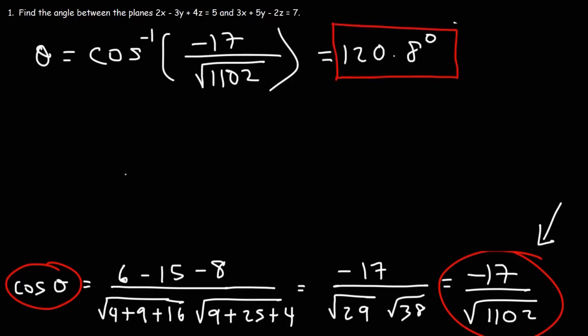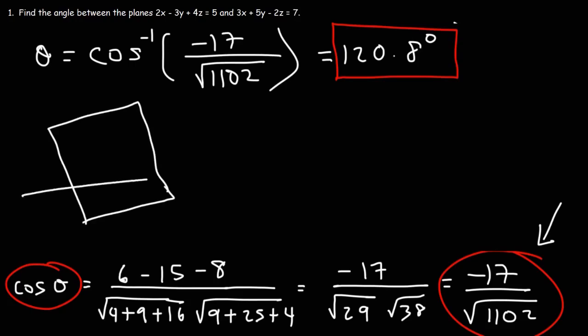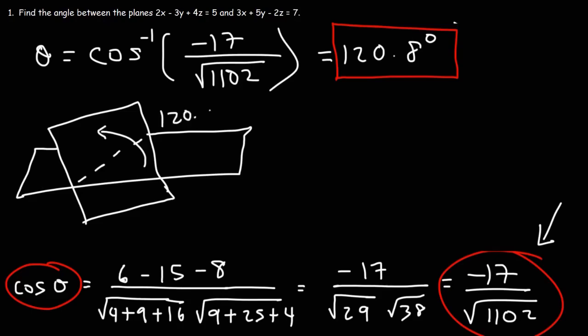So let me explain. Let's say this is one of the planes. And let's say here we have another plane. So this angle here, that's the larger angle, that's 120.8.